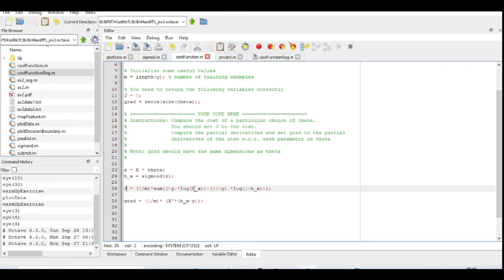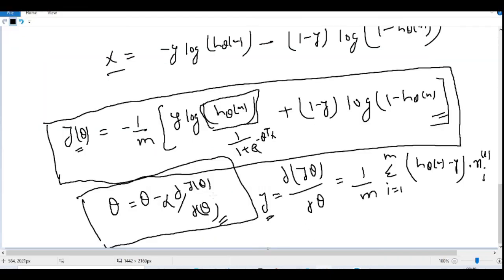This h of x is nothing but the sigmoid of z, because it was 1 by 1 plus e power minus z, and z is x into theta. So h of x is sigmoid of z, and that is our hypothesis. So log h of x, minus (1 minus y) into log(1 minus h of x). Exactly the same as what we got here; the same values we have replaced.